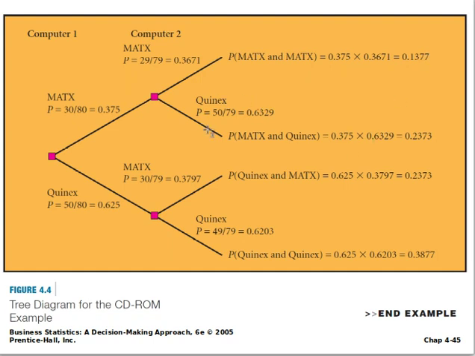And here the probability of having a QNX CD-ROM also on the second computer is computed.